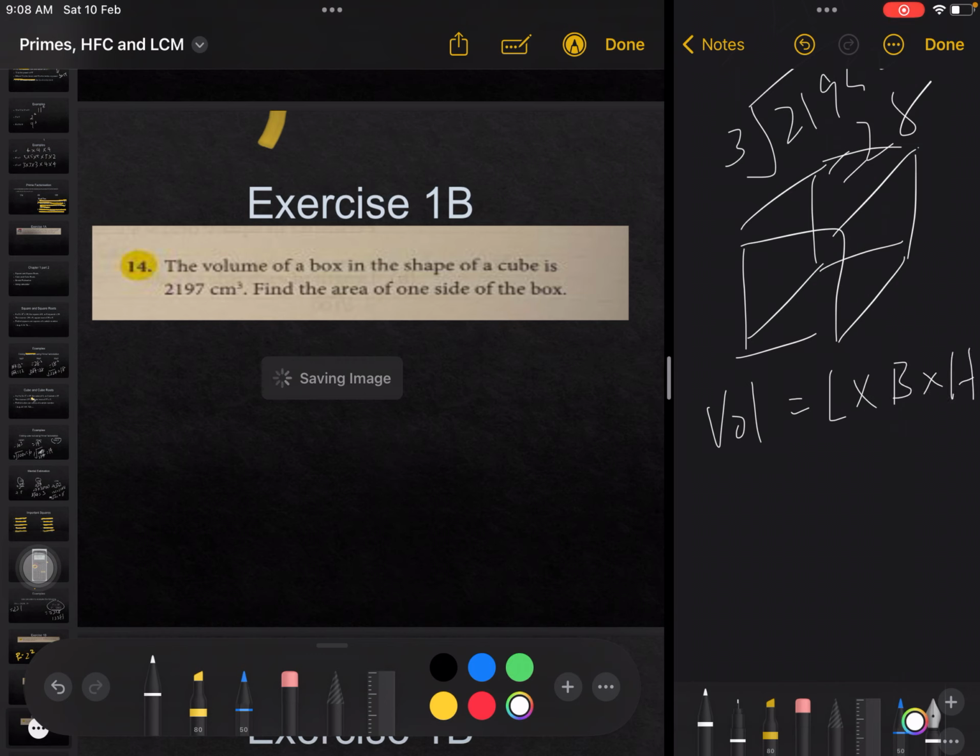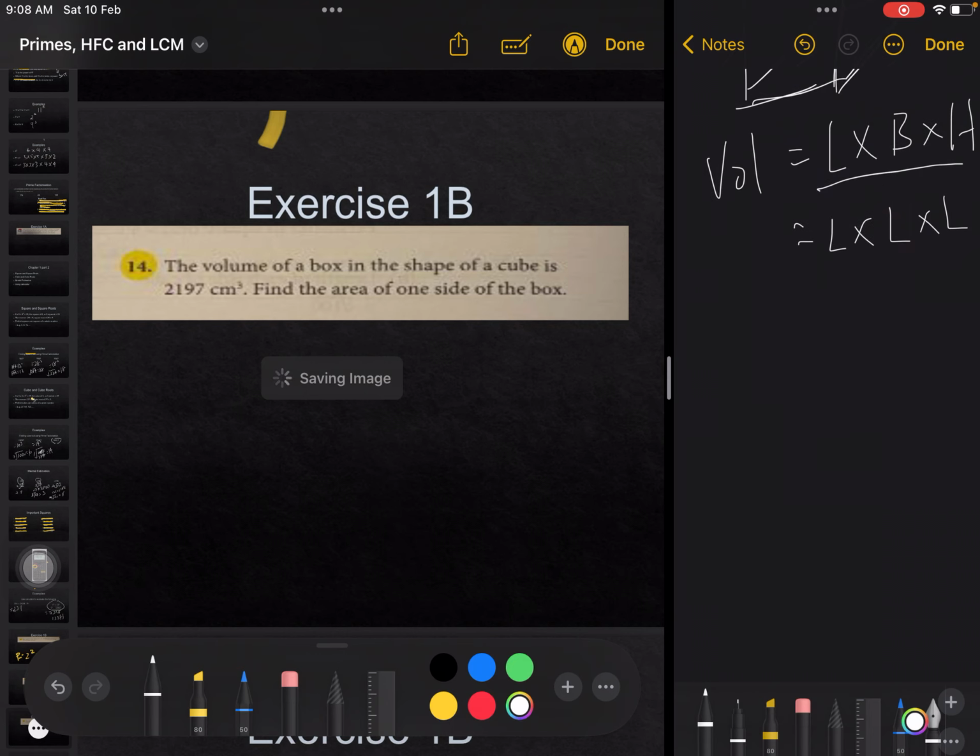For a cube, all these three are the same, so it equals length times length times length, because for a cube all the lengths will be the same. Make sense? Okay, so this is what we need to understand.